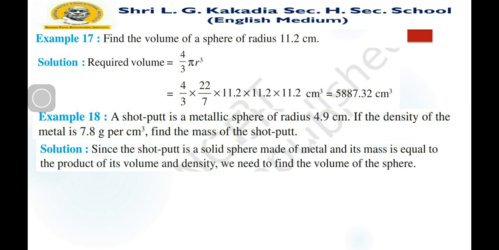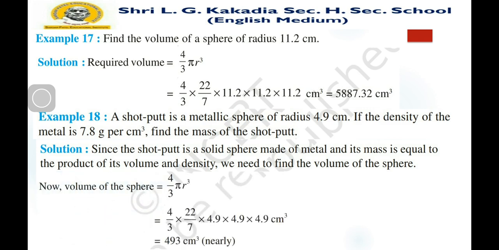Solution: since the shot put is a solid sphere made of metal and its mass is equal to the product of its volume and density, we need to find the volume of the sphere, as I said. So the volume of the sphere is equal to 4 by 3 pi r cube.